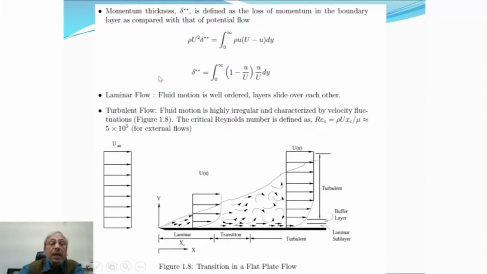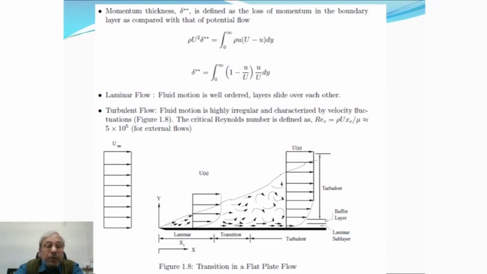Now formally, we have to just talk something about laminar flow, although the difference between laminar flow and turbulent flow needs much more discussion. I will do that when we start turbulent flow.